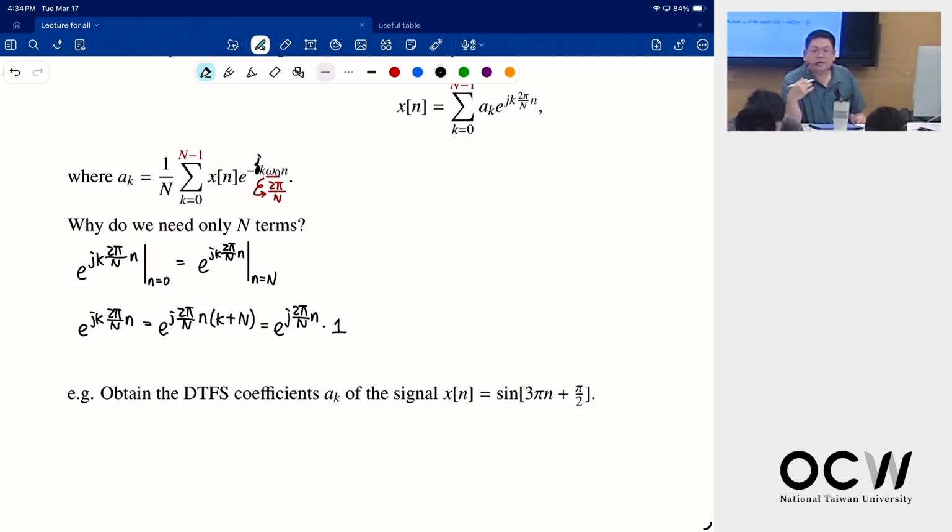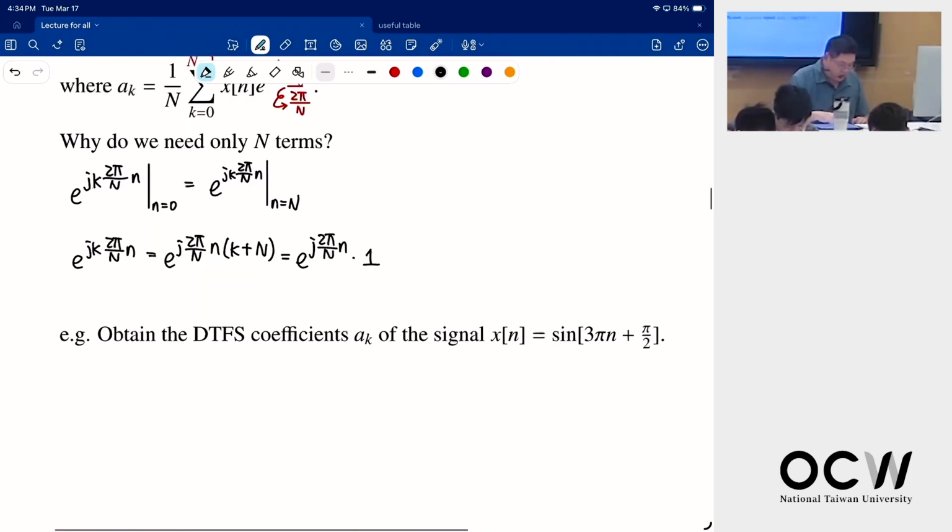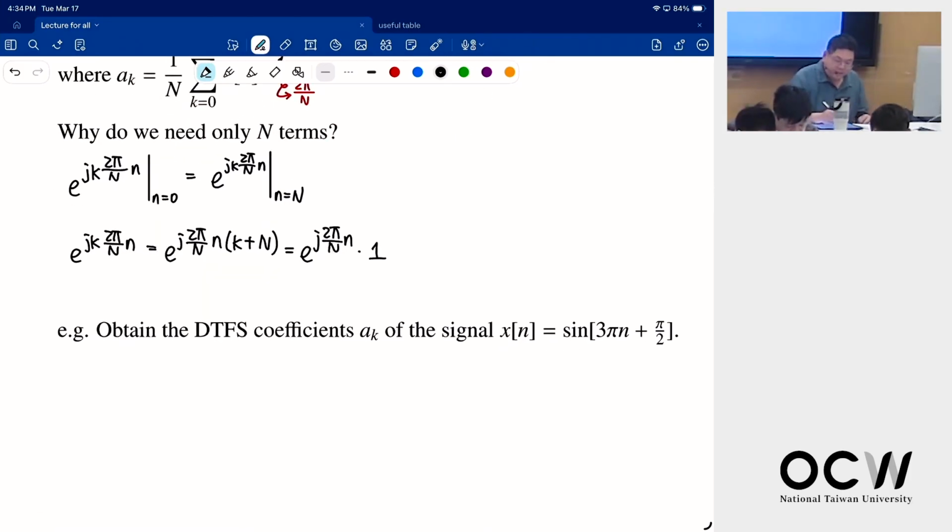Okay, if you couldn't find any other methods, fine, then we use the formula. Otherwise, we don't use the formula. We try not to use the formula, because we always have some better way to find out.